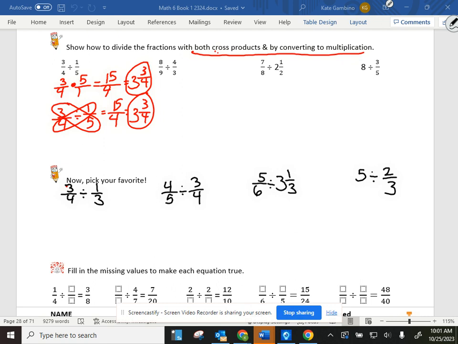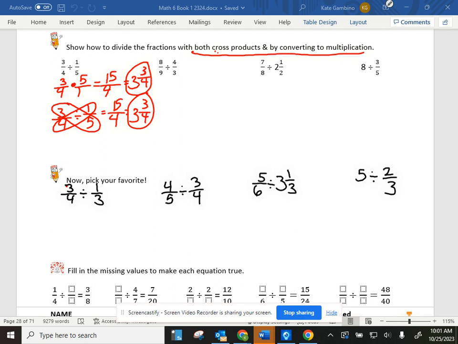And on that row, you only have to do one way. You can decide I want to do cross products or I want to convert to multiplication. Either way, we'll get the same answer. So whichever one works better for you, do that one.